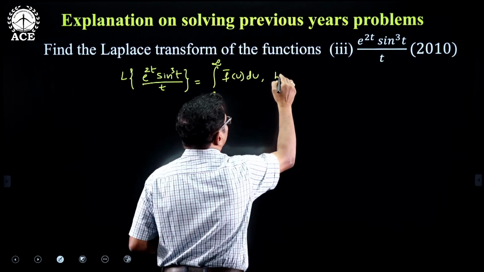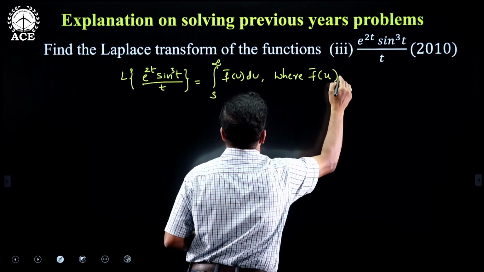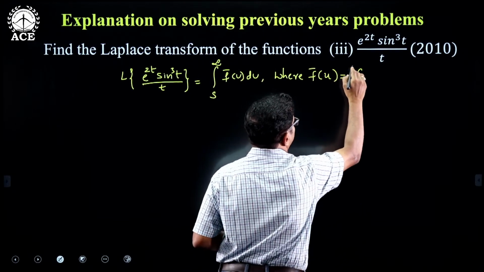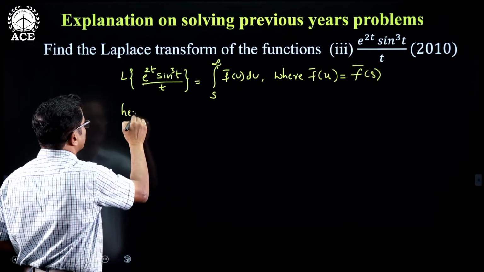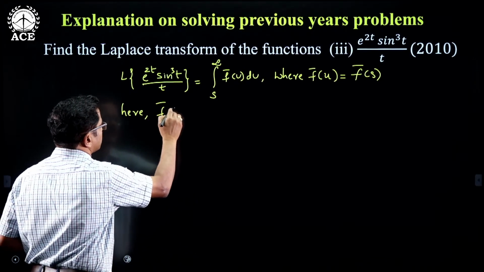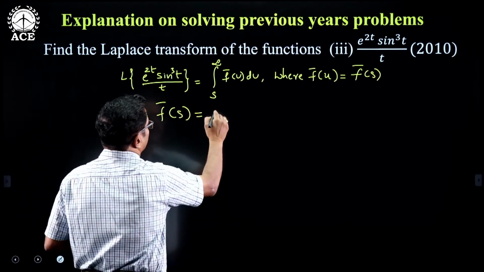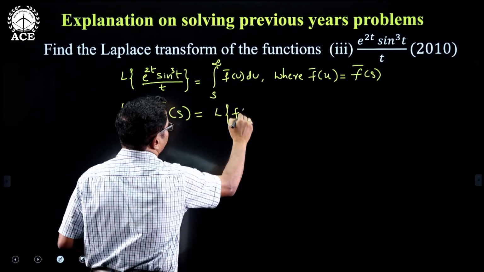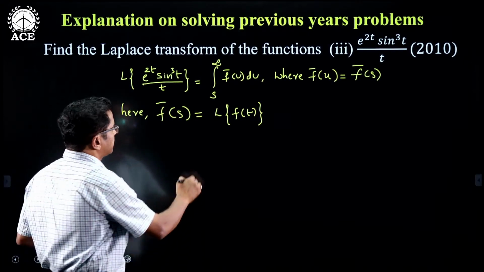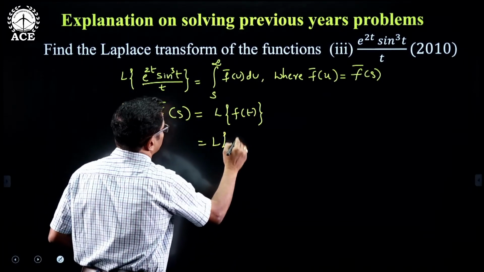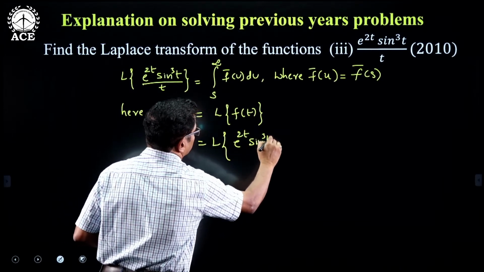So f bar of u equals f bar of s. Here f bar of s equals L of f of t, that is L of e power 2t sine cube t.